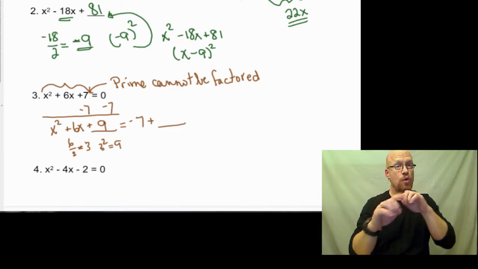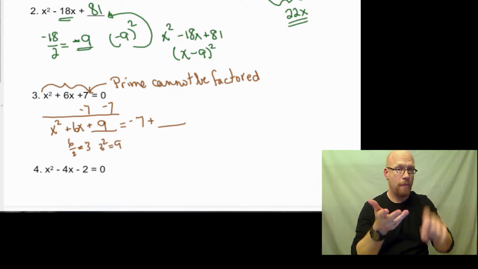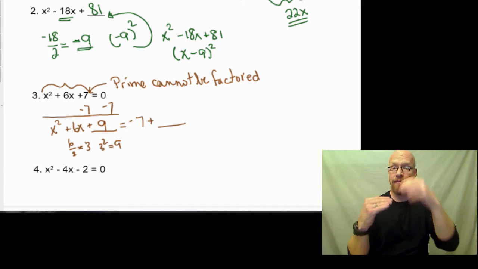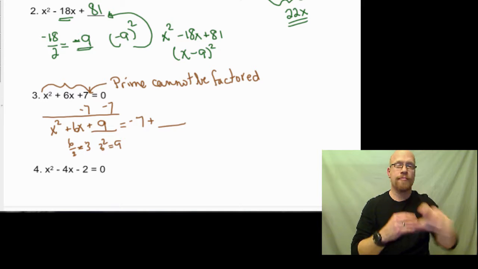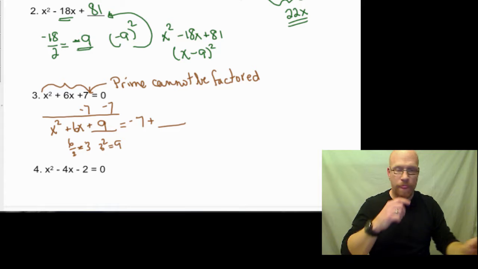Now, remember our rule for solving equations. What you do to the left, you gotta do to the right. Gotta keep it balanced. If you add 9 over here, you gotta add 9 over there.